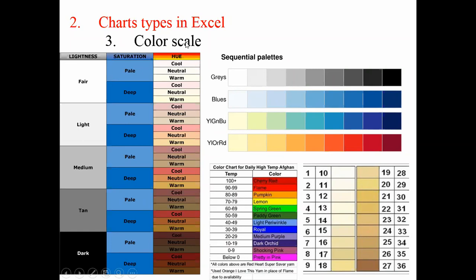Because in color scale, we are not making a separate chart, but in the same table, we can make these colors. This means I can make color scale in a table, and also I can add a chart for this table. يبقى ده اسمه ايه؟ الcolor scale.